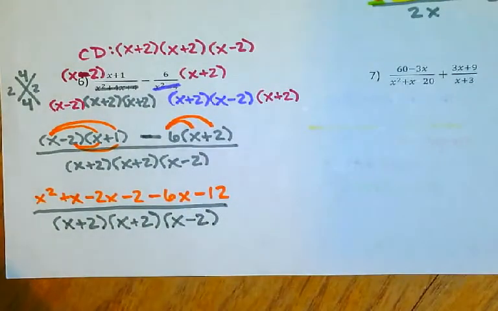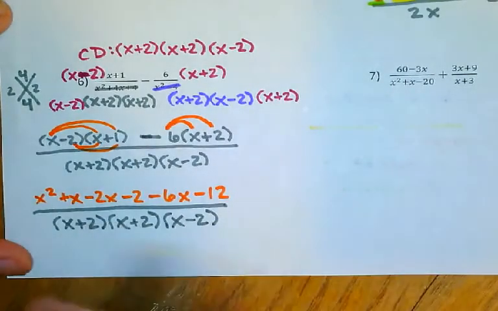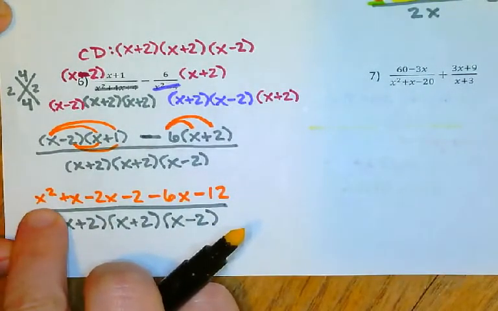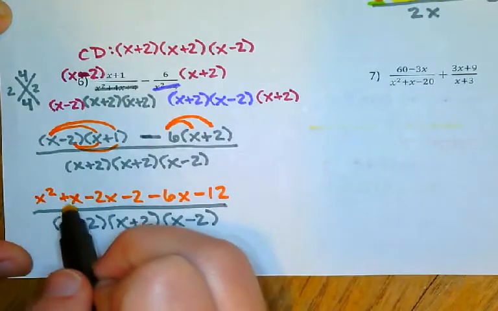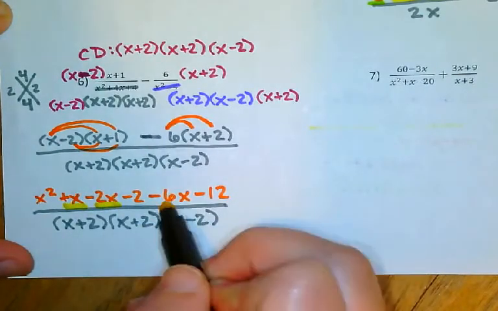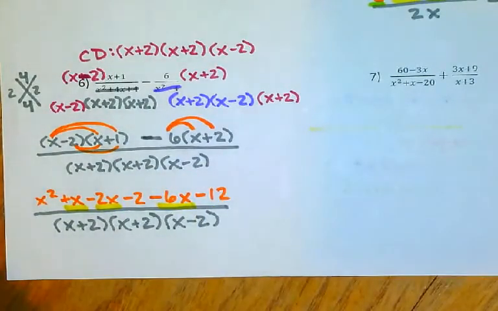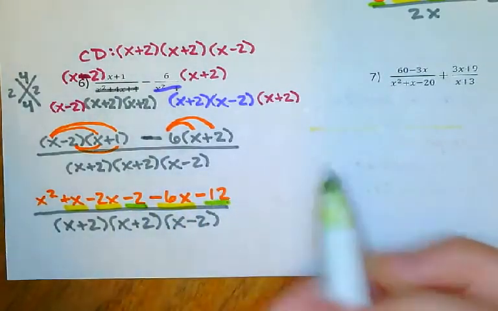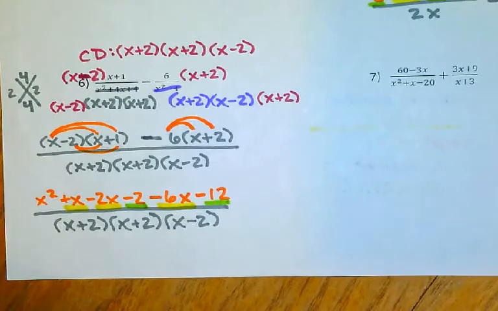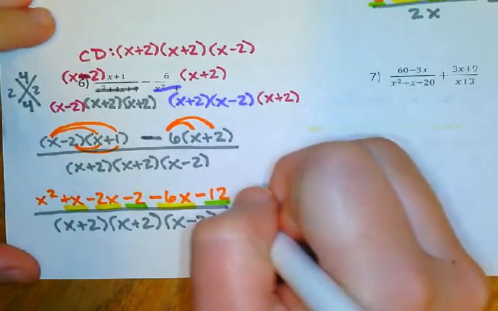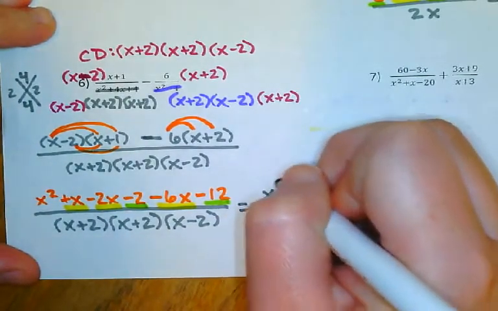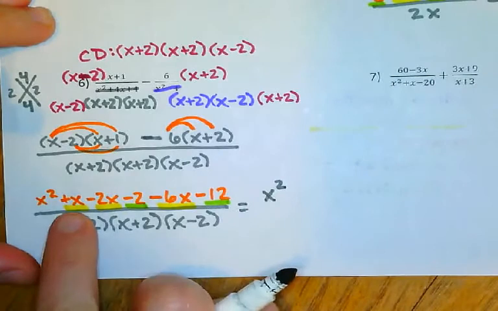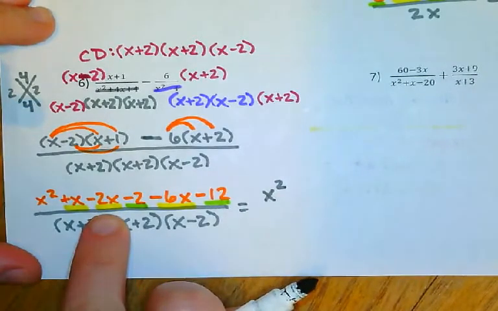And now we combine like terms. I don't have anything that combines with the x squared, but I do have several x's that I can combine. And then I've got some whole numbers that I can combine, that don't have variables with them. So when we combine here, we're going to get nothing combined with the x squared. x minus 2x is negative x.